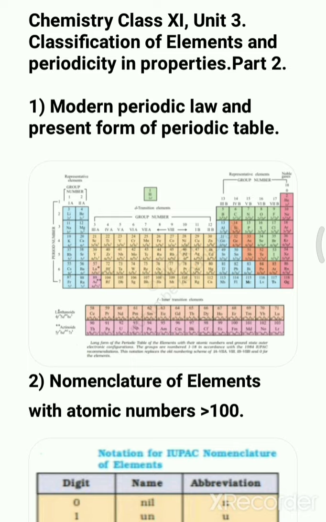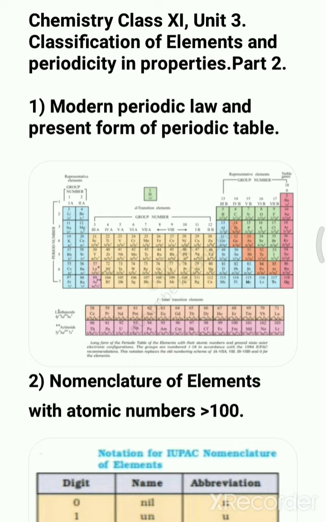Later we studied Mendeleev's law and his predictions for the elements he kept blank, called eka-aluminium and eka-silicon, which were later found to be gallium and germanium.